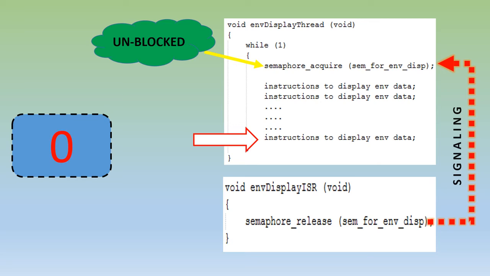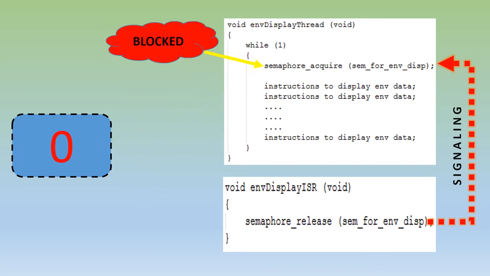Once the thread completes displaying the environmental data, it loops back and again tries to acquire the semaphore, which is not available because the thread successfully acquired it when it was unblocked. So it again gets into a blocked state, waiting for the star key to be pressed again and the ISR to release the semaphore.